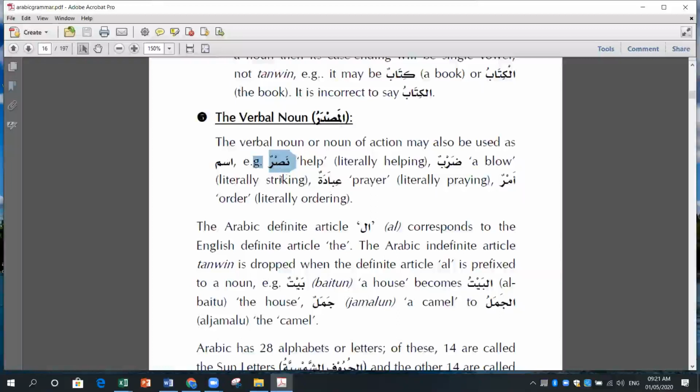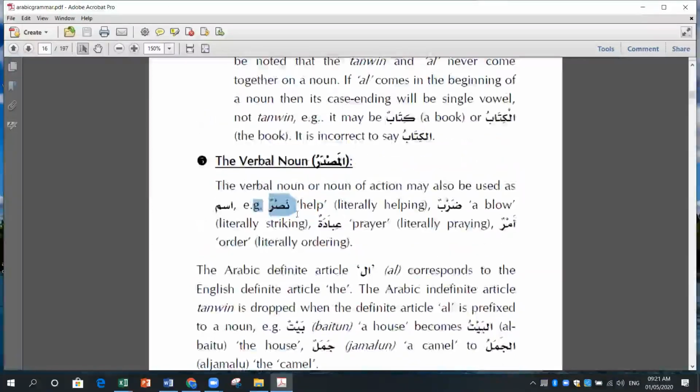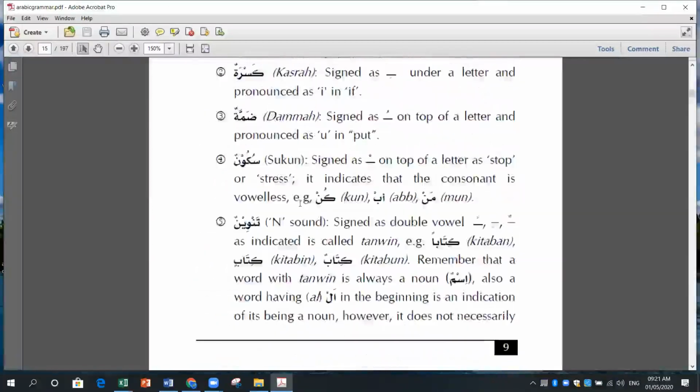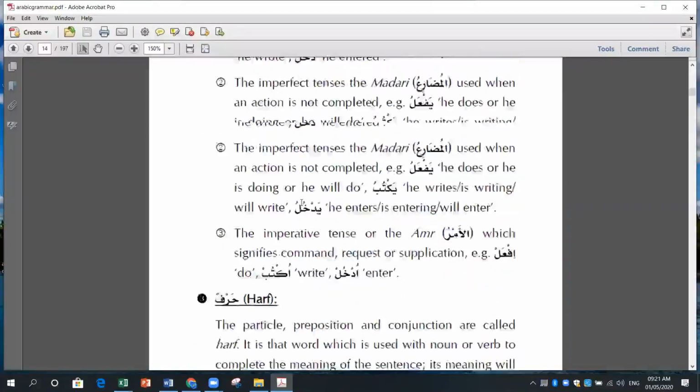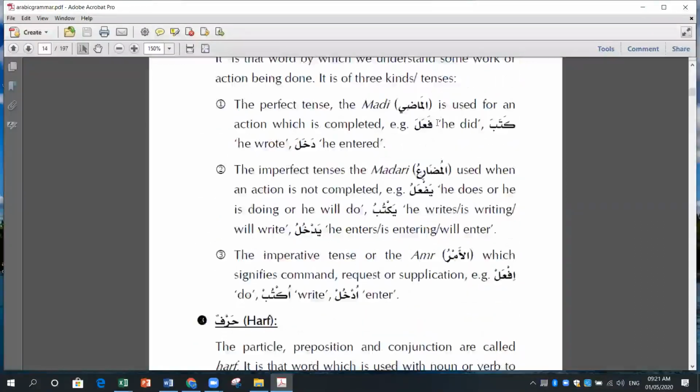But if I put it in the scale of a verb, for example, this one, the scale. If I say nasara, then it will become a verb. Nasara, he helped. I hope you got it, right?